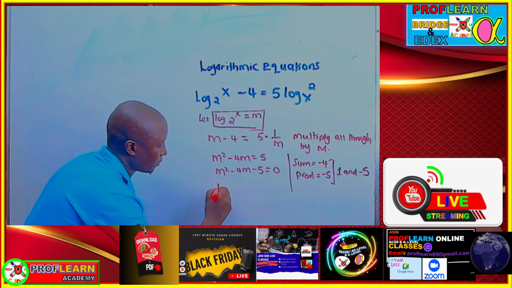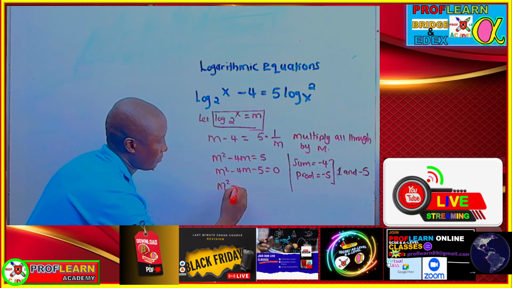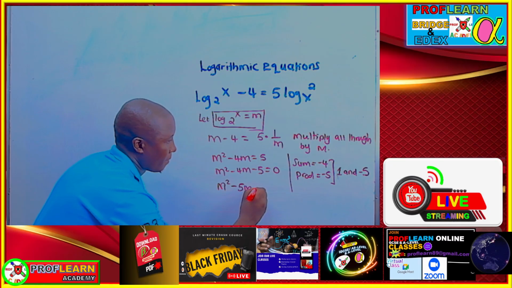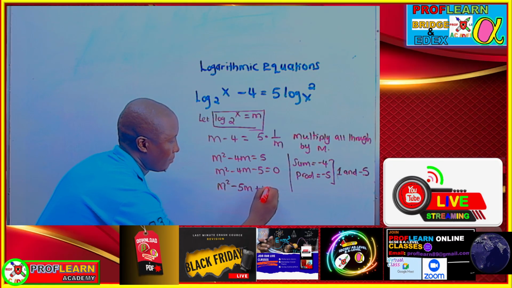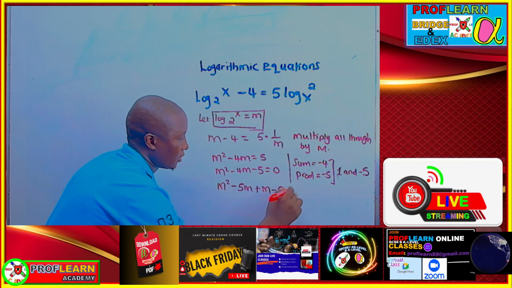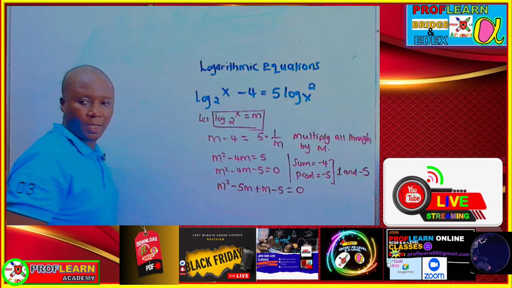So this expression can be written as m squared minus 5m plus m, because it's 1m, minus 5 is equals to 0 at that point.